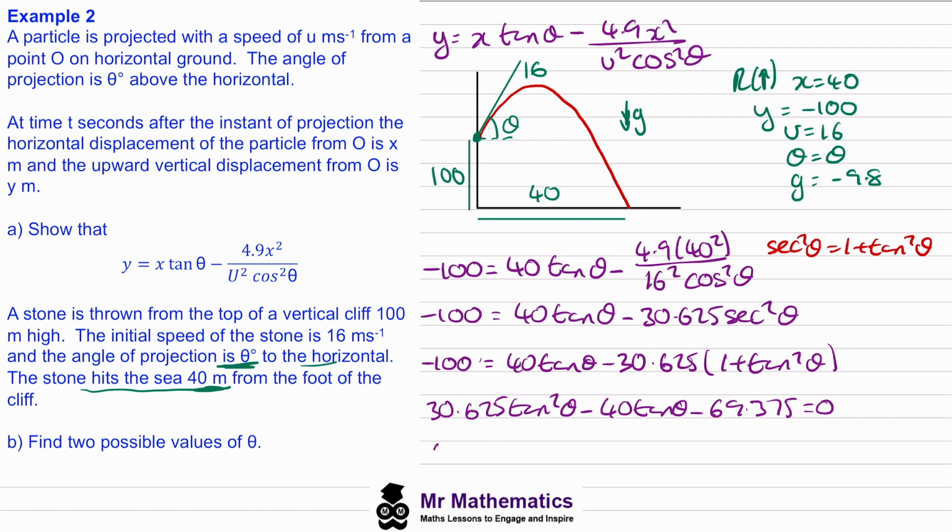So tan theta will be 2.2937 and tan theta will be negative 0.9876. We'll take the arctan of both, and this will give us theta is 66.4 degrees, and theta is negative 44.6. Okay?